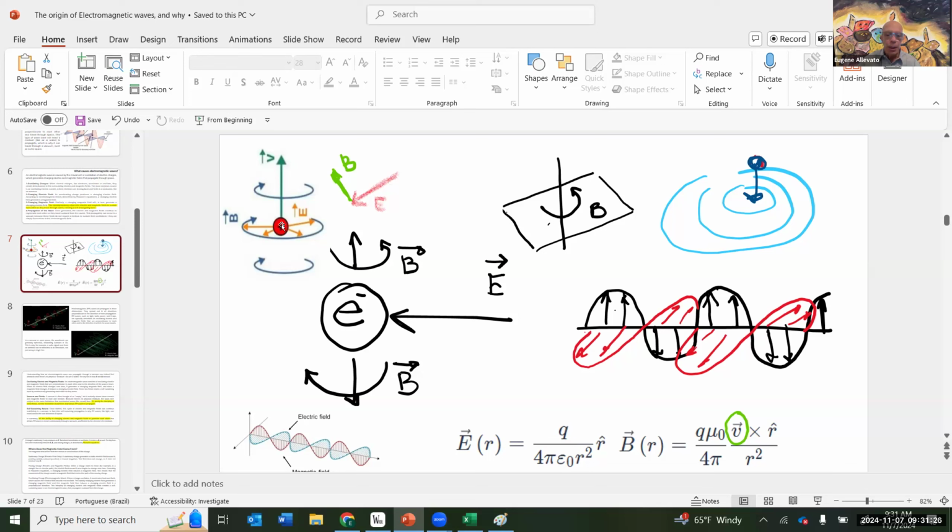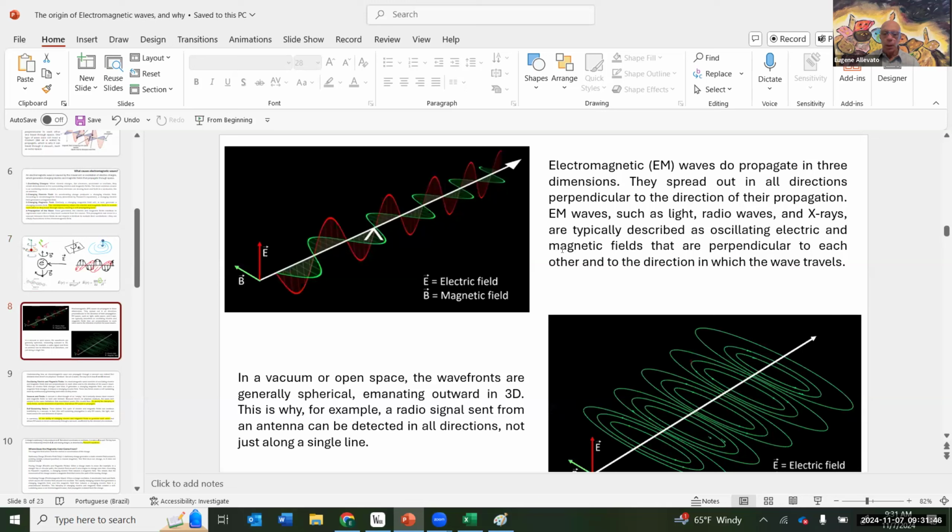And here you see on this diagram, the electric field going outward. This is a positive charge. And as it moves in one direction, it creates the magnetic field, and they are perpendicular. Here I want to emphasize that the electromagnetic field is not like this first diagram here.